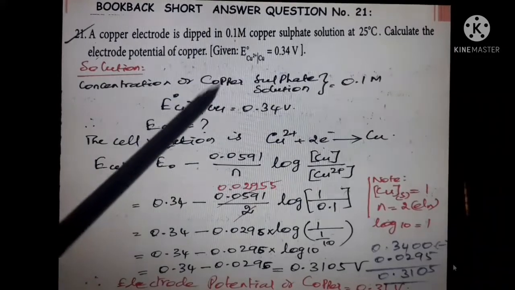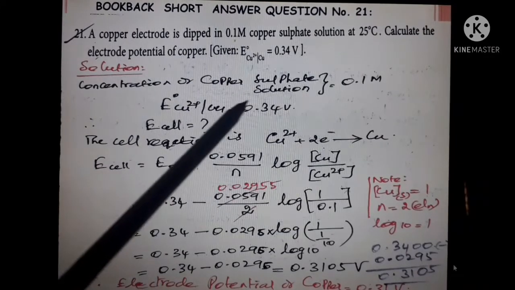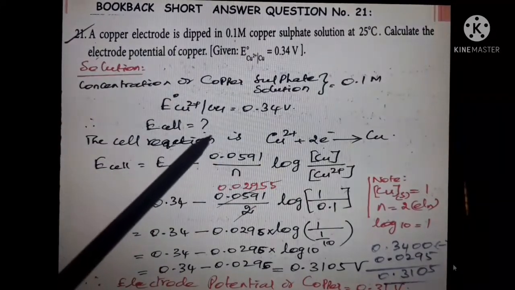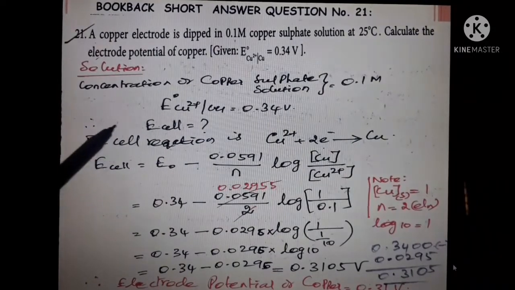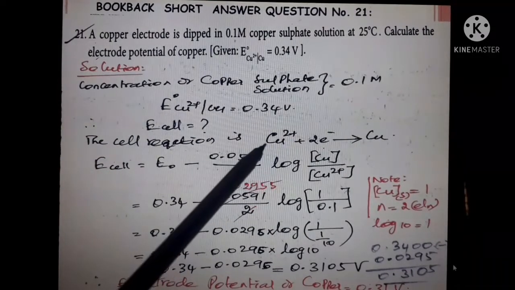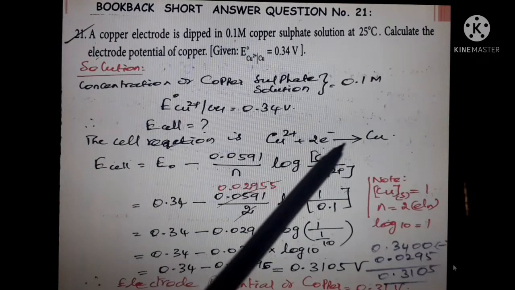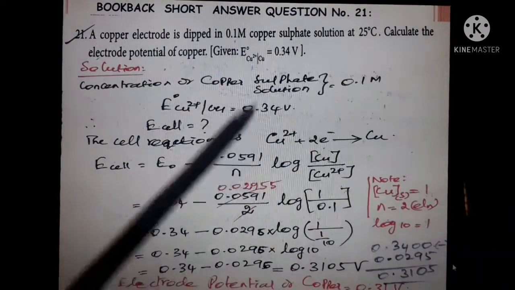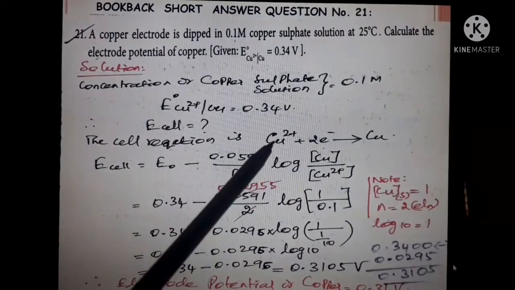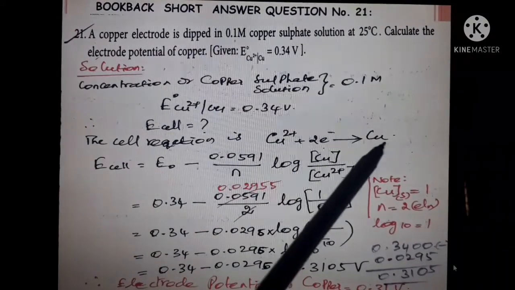Now the EMF value, E0 of Cu2+/Cu, is 0.34. We find the E cell value. The cell equation is copper 2+ gaining 2 electrons to change to copper.